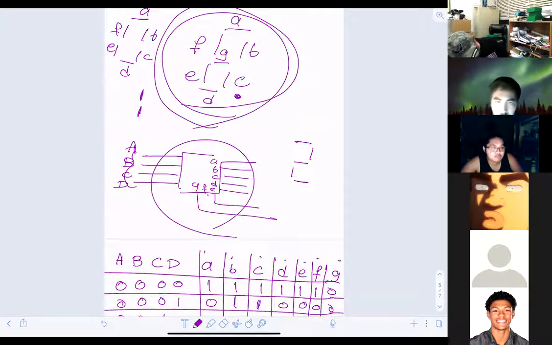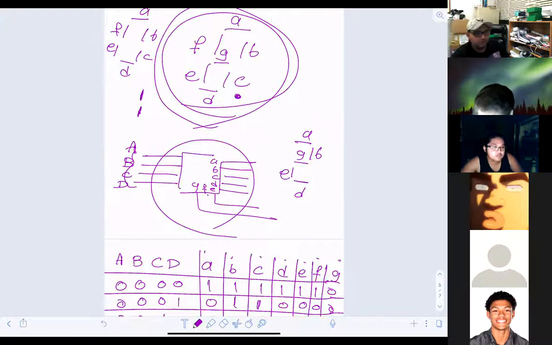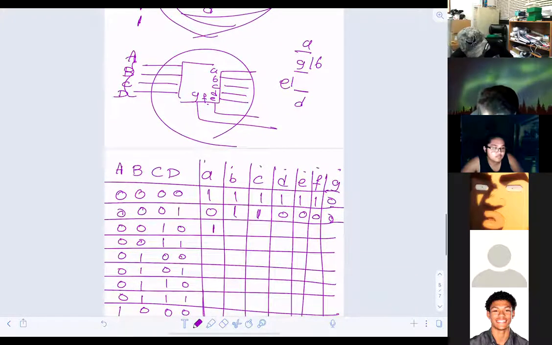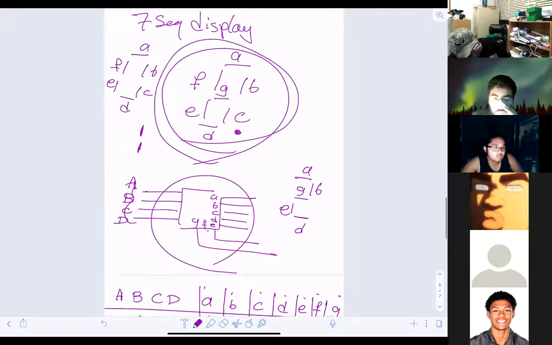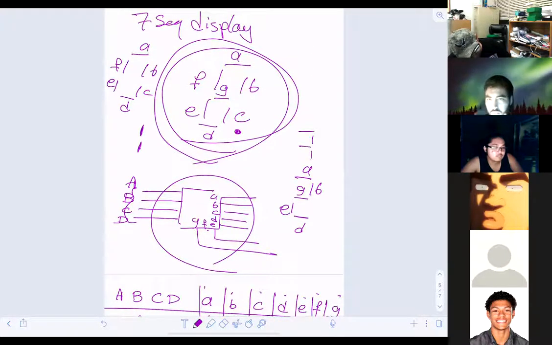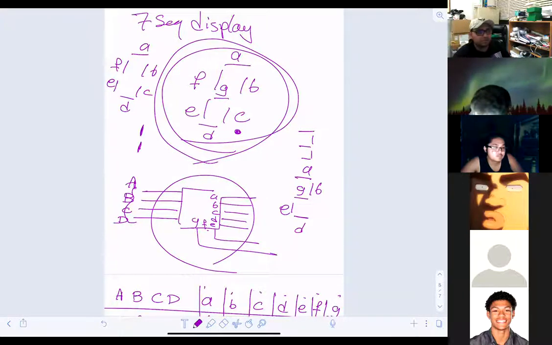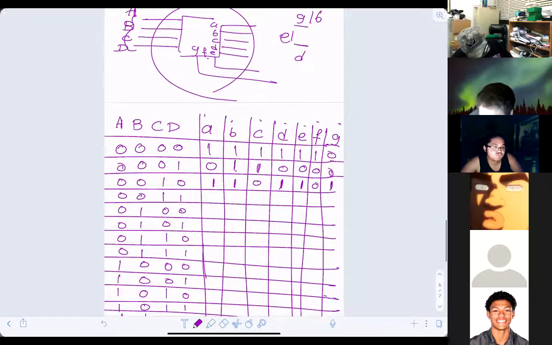So A and B and D and E and G are 1, and those are 0. What is the one after this? It's gonna be 3, so F and E are 0.